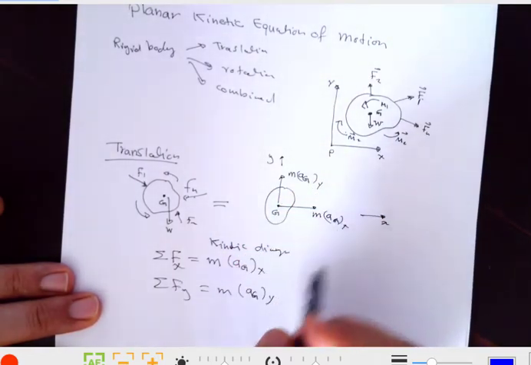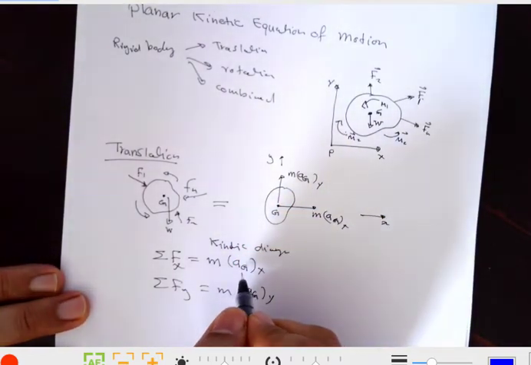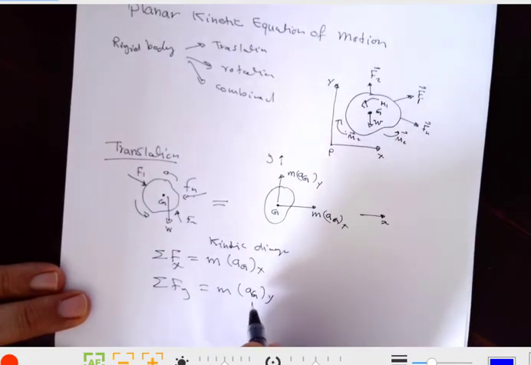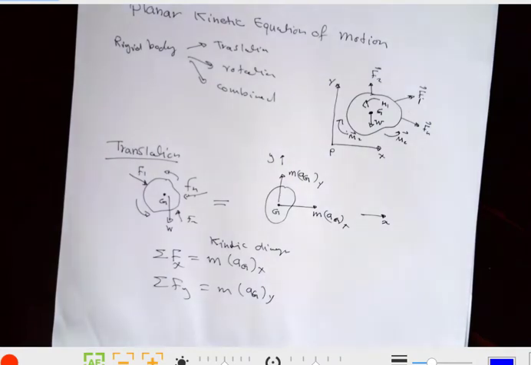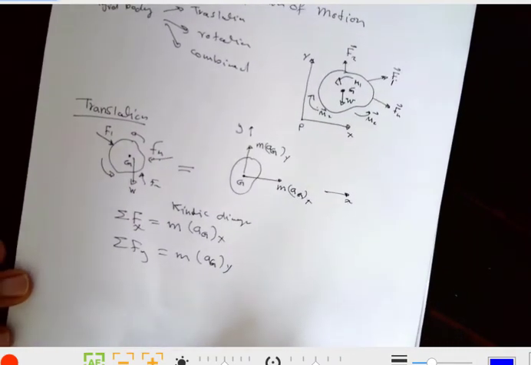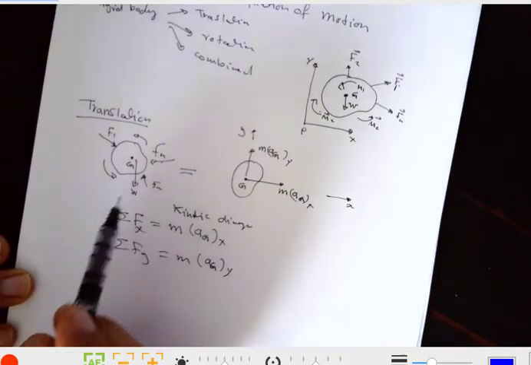So this is the translational acceleration of the center of mass in the X direction, and this is the acceleration of the center of mass in the Y direction. We need another equation that describes that this system is not rotating.